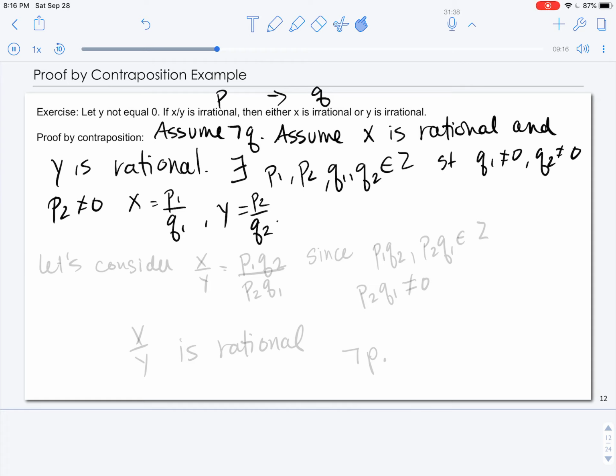Okay, so now we want to consider the ratio. Let's consider x divided by y. When we do the substitution, we are going to get p1 times q2 over p2 times q1.